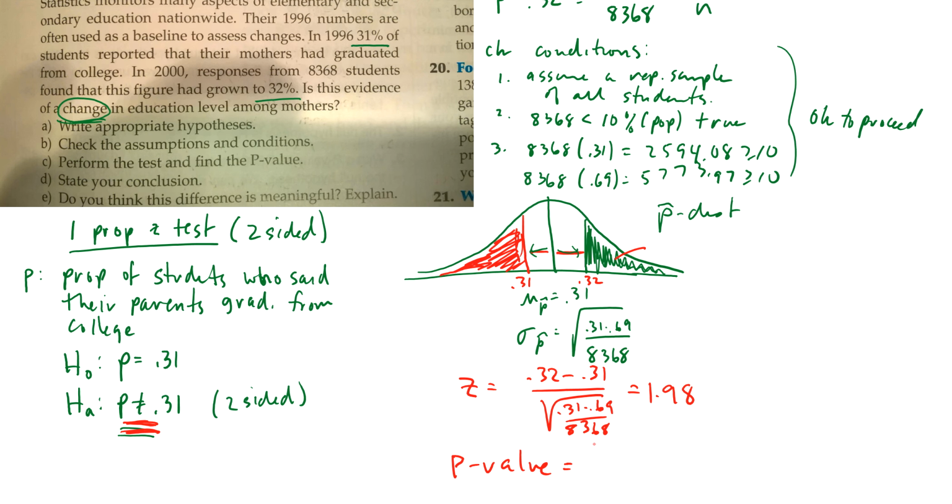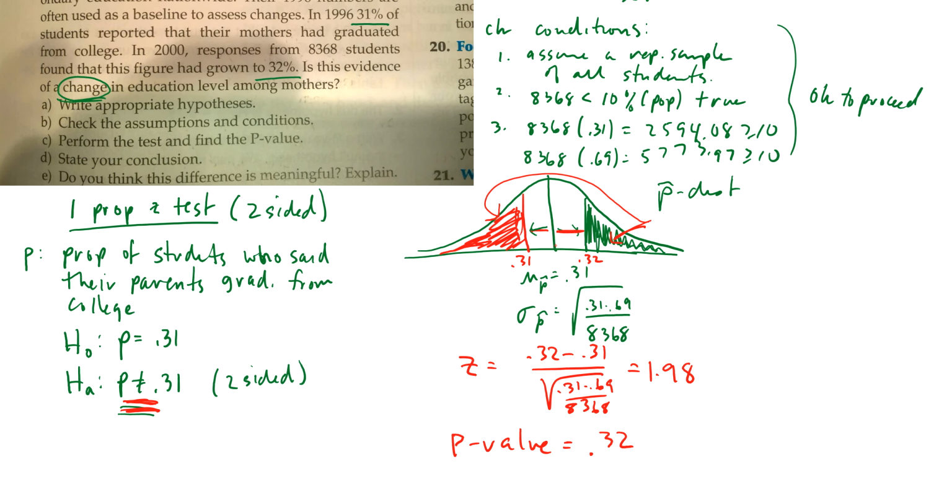Then the p-value is 0.32. Okay, so that's the p-value, and because I said it was a two-sided test, it actually includes both of the areas on both sides, which is nice. So what this is saying is that's the probability of me getting a sample as extreme as the one I got in both directions. That direction or that direction.